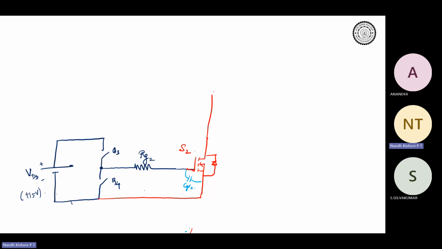Then the path will be Q4, RG2 and the device. So from the capacitance, you will take away charges. The capacitance will discharge through the gate resistor. Simple, just an RC circuit.